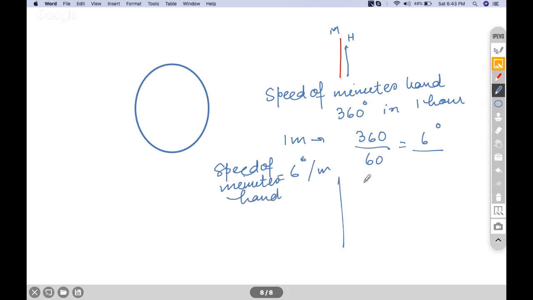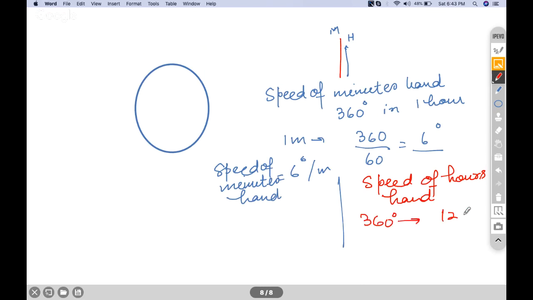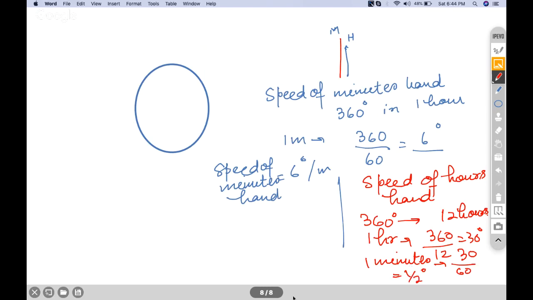And speed of hours hand would be, it travels 360 degrees in 12 hours. So in 1 hour it will travel 360 by 12, that comes out to be 30 degrees. So in 1 minute it will travel 30 by 60, which is equal to half a degree.